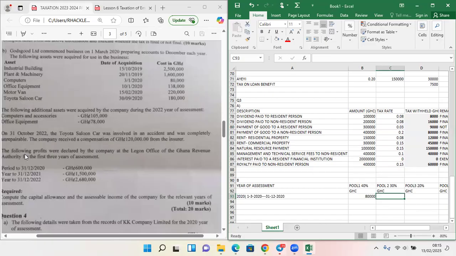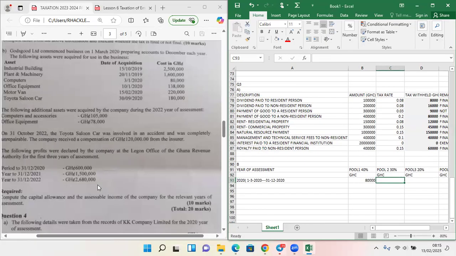And then also there were some purchases here in 2022. So we have to keep that in mind. So pool two here is going to be equal to the plant and machinery 1.6 million plus 220, plus the saloon car, which will be struck down to 75,000.